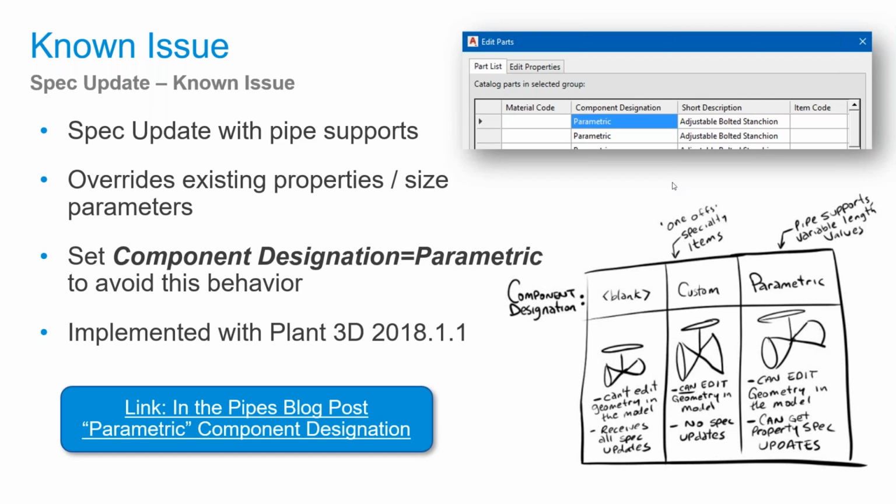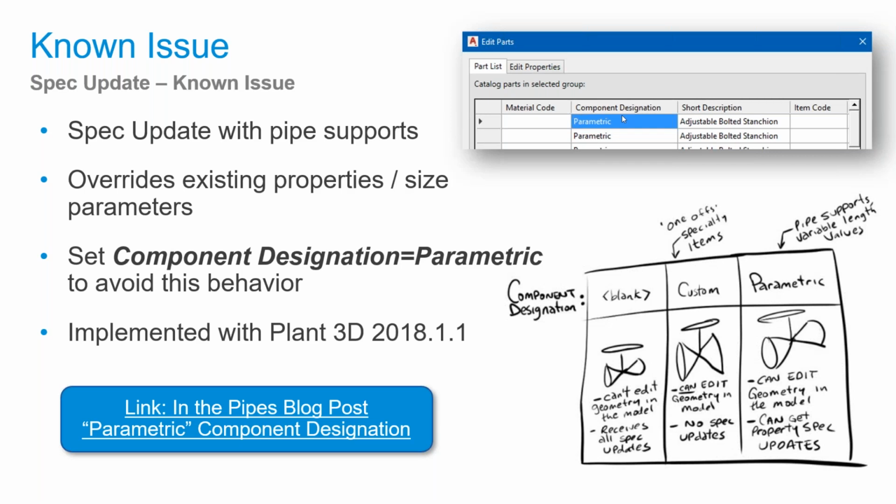Usually what you want, because usually you're not working on your supports during the project, you're just using the standard ones, is this parametric. Parametric will avoid that the parts default back on the spec update. But you need to make sure that this information is in the spec parts. Every single part needs it. Otherwise, you can run into problems.